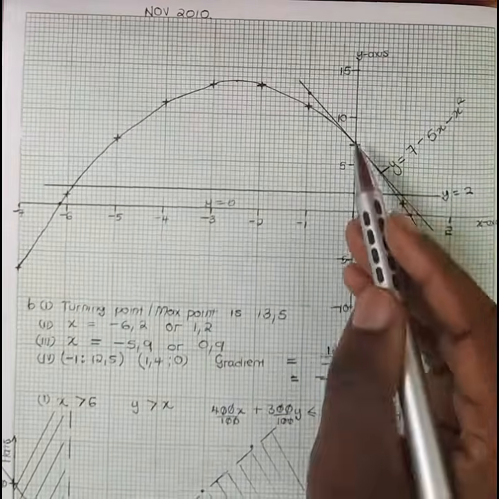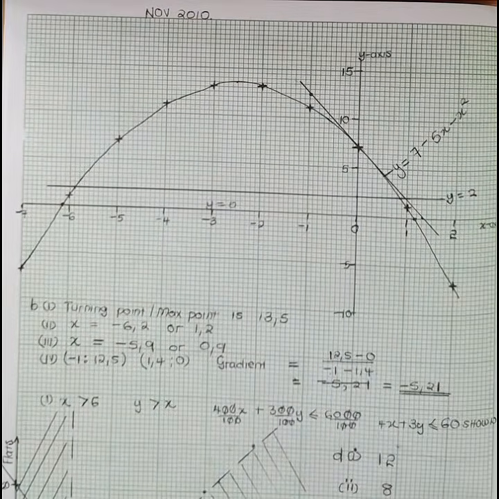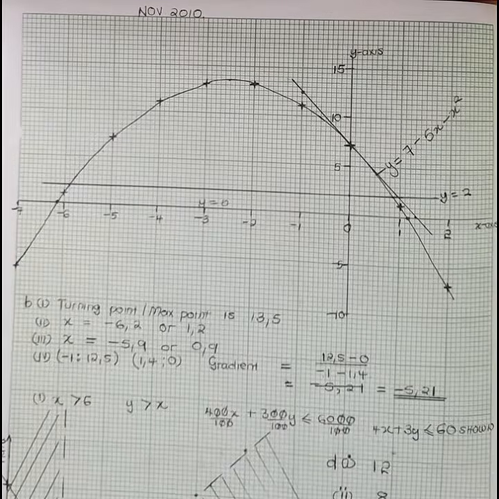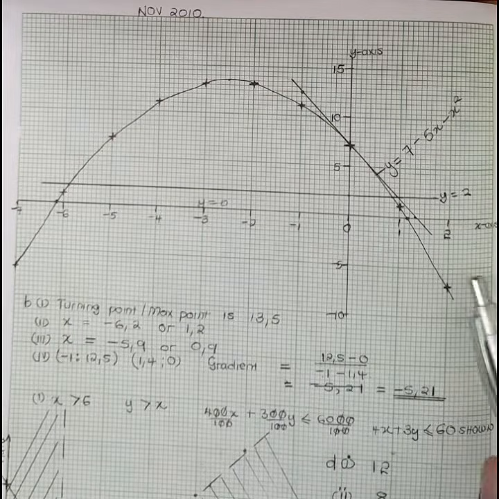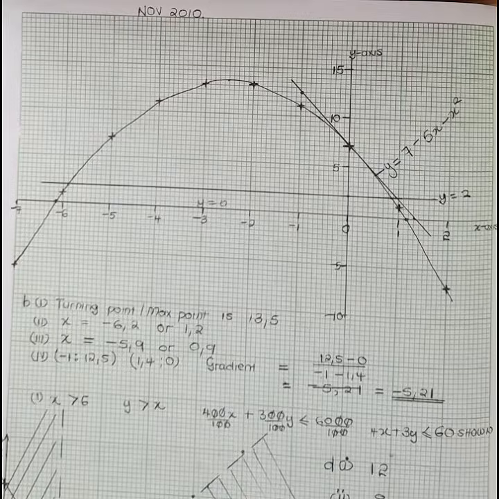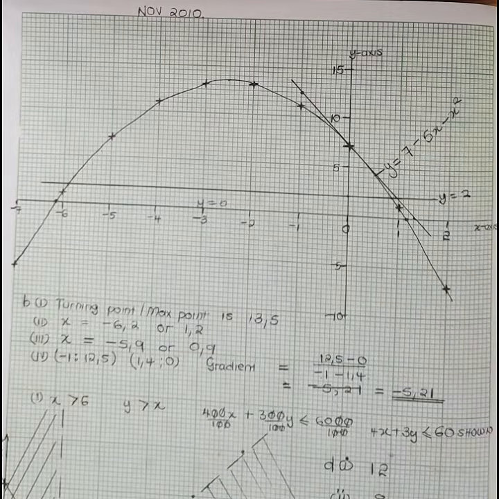So this is our x equals 0, which is the y-axis. We need to draw a suitable tangent at the given point. Here we are going to draw this suitable tangent. It is a line that touches the curve at a given point. So it is touching the curve at x equals 0.